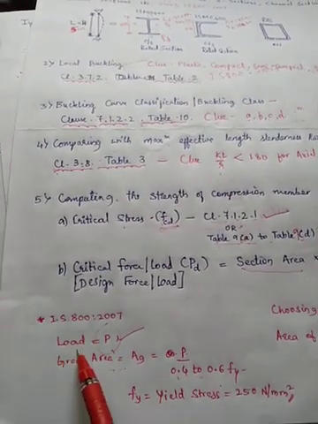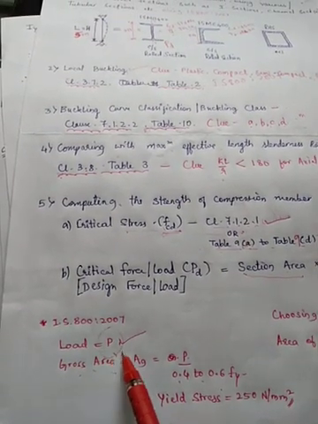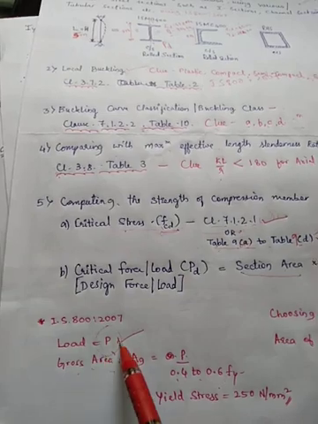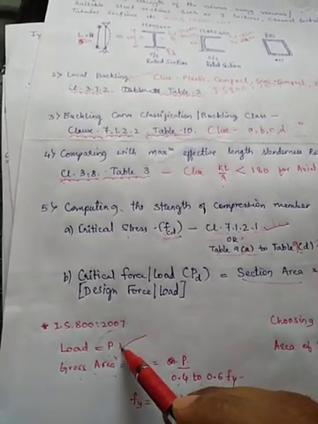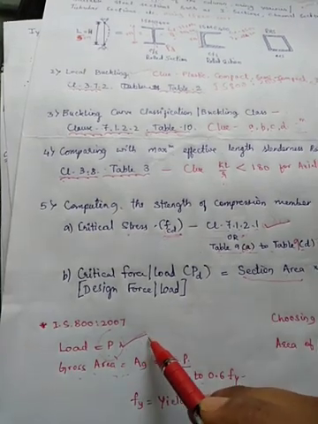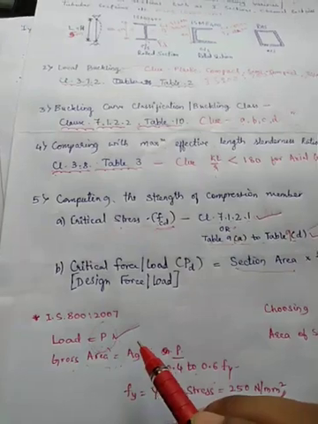So we will try to understand this by choosing an example. I will try to solve an example wherein the column is subjected to a load, say P. So what type of section is suitable to carry this load?